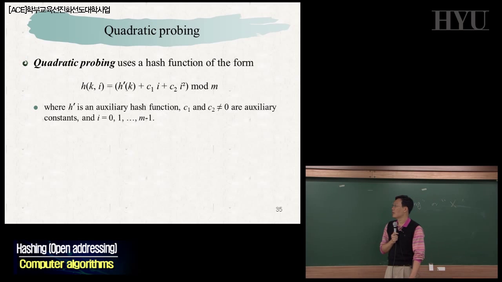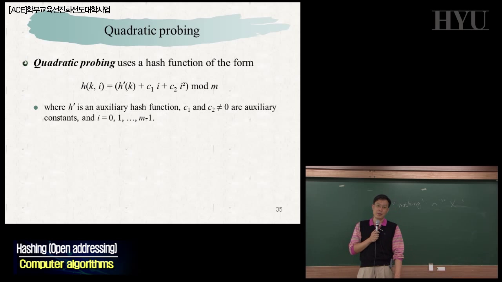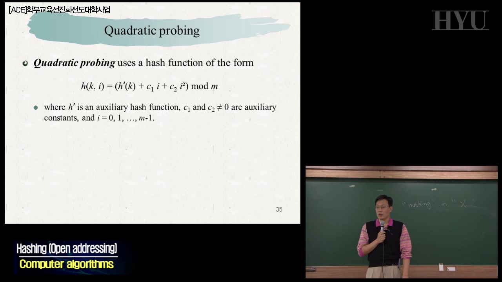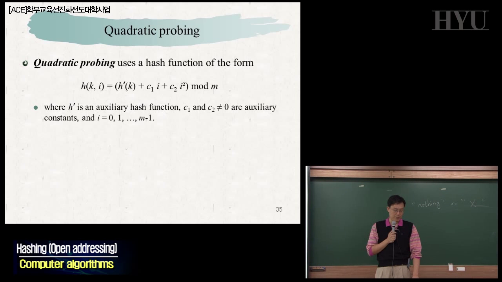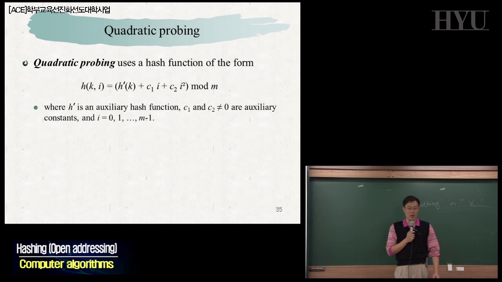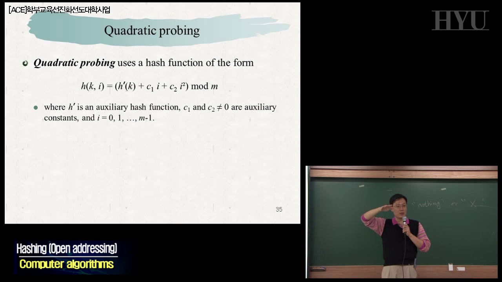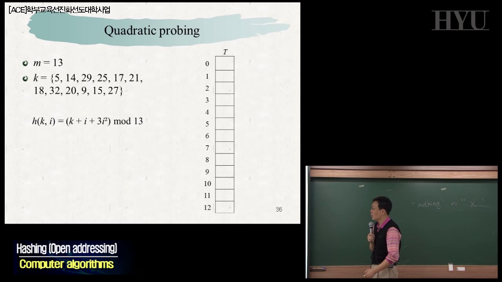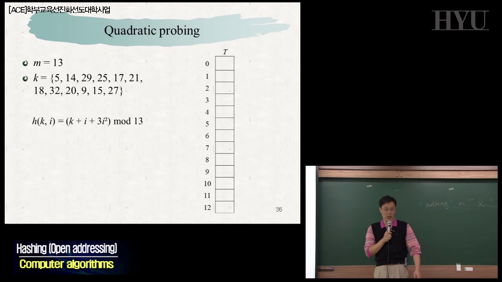So, quadratic probing tries to solve this problem. And its function is like this: h(k, i) equals h prime of k plus some quadratic function. So instead of checking the next slot, we check in a different way.